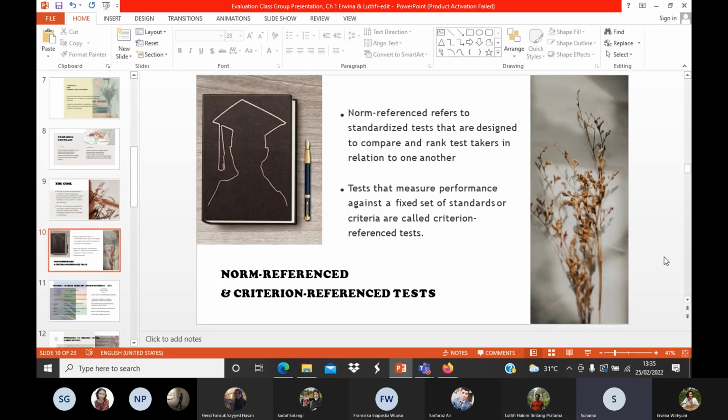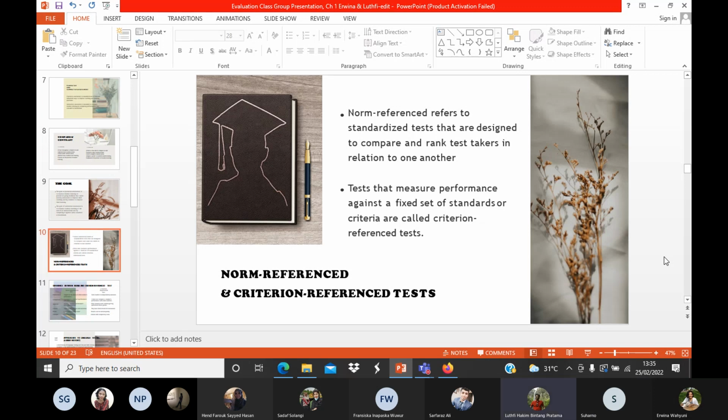Next, norm-referenced tests refer to standardized tests that are designed to compare and rank test takers in relation to one another. Tests that measure performance against a fixed set of standards or criteria are called criterion-referenced tests. That is the norm-referenced and criterion-referenced test. So I will explain.